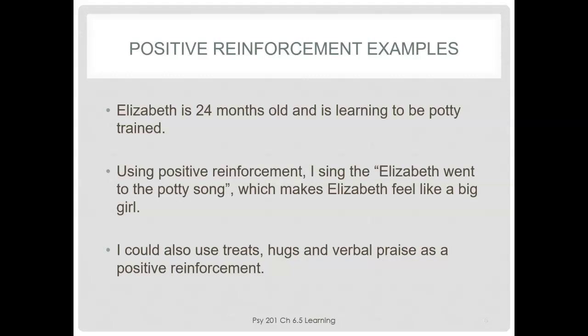It takes a while. Now, I could use all kinds of positive reinforcers. A positive reinforcer is where I add something to the situation to increase the likelihood of a behavior. I could use treats, hugs, verbal praise. There's all kinds of things I could use as positive reinforcement.